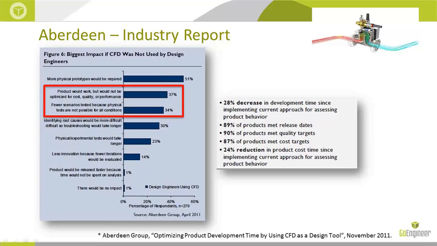So these are the same brilliant engineering teams, but 1 in 3 says that it would work better and they would try out more scenarios if they had tools that allowed them to do so with ease.